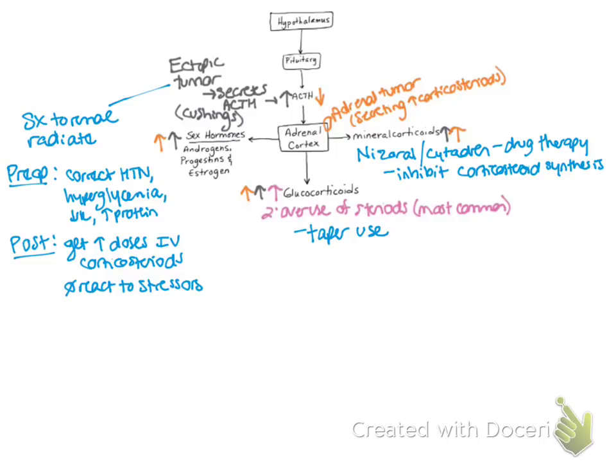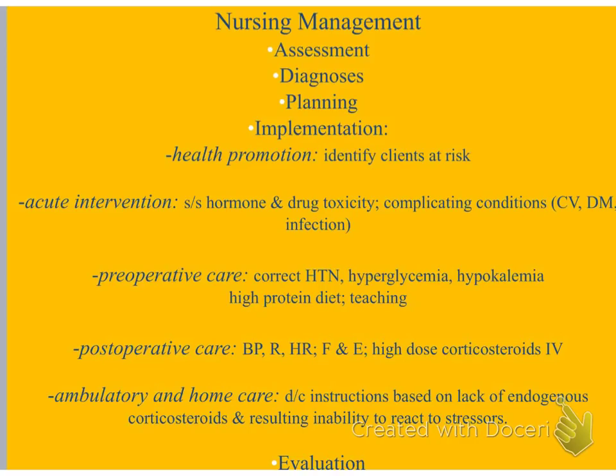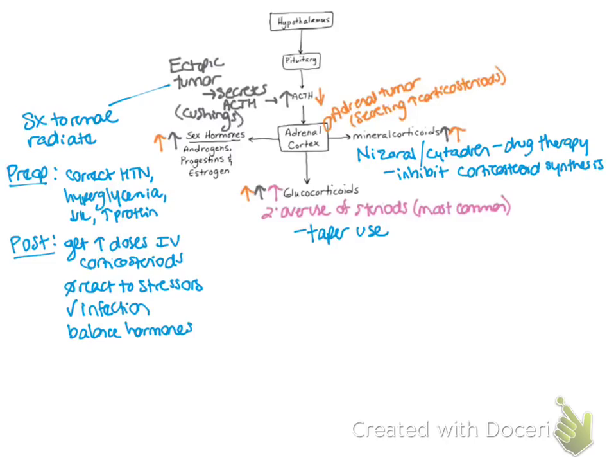So we need to make sure that we keep that balanced for them and check for signs and symptoms of infection, balance hormones for them, electrolytes. They may even need help stabilizing their blood pressure if there's still an issue, watching for hemorrhage, making sure we're giving good fluid balance, all of those things post-op.